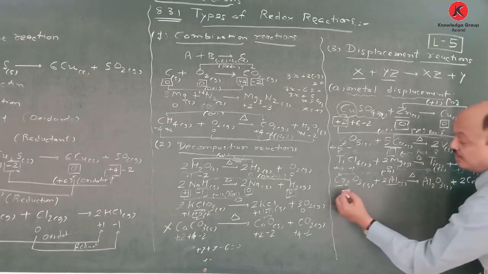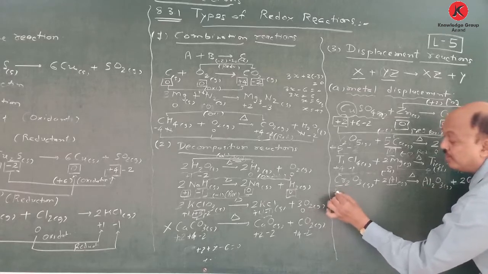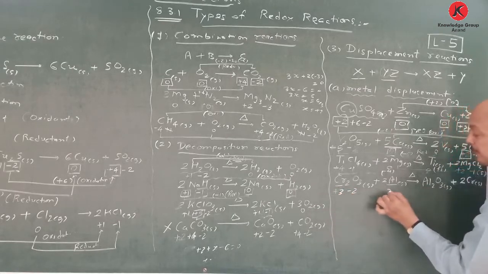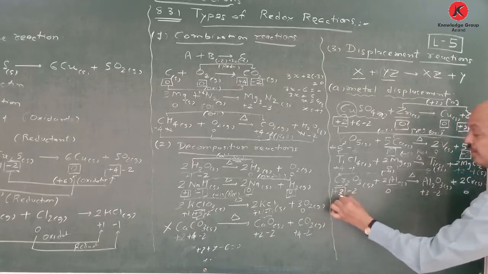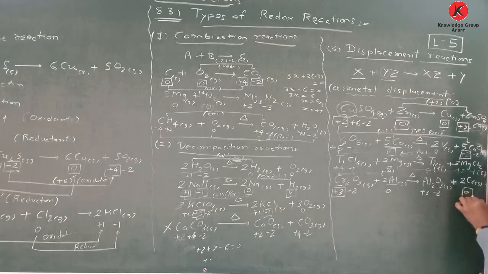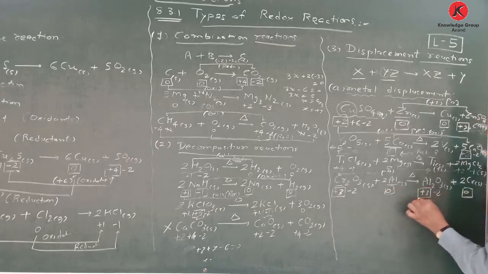First of all, write down the oxidation numbers. So just see, here plus 3, here 0, here 0, here plus 3.